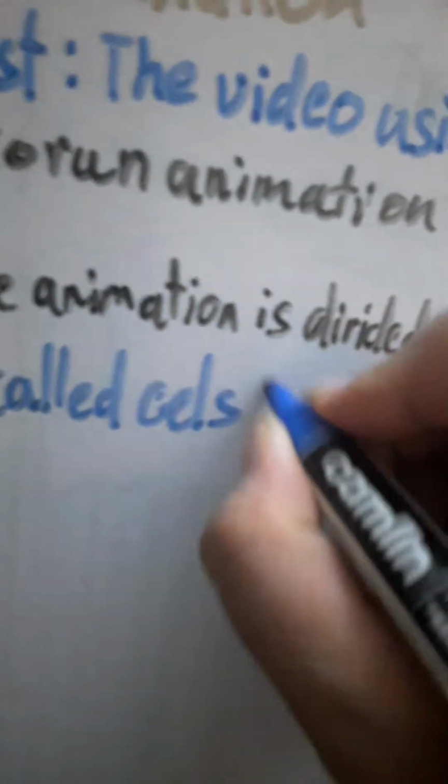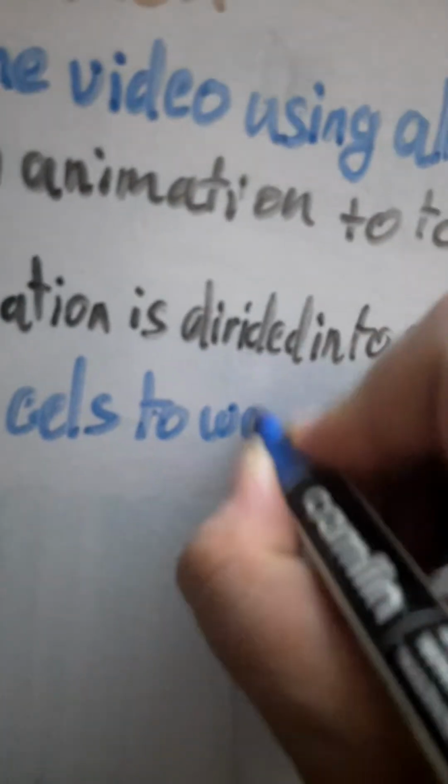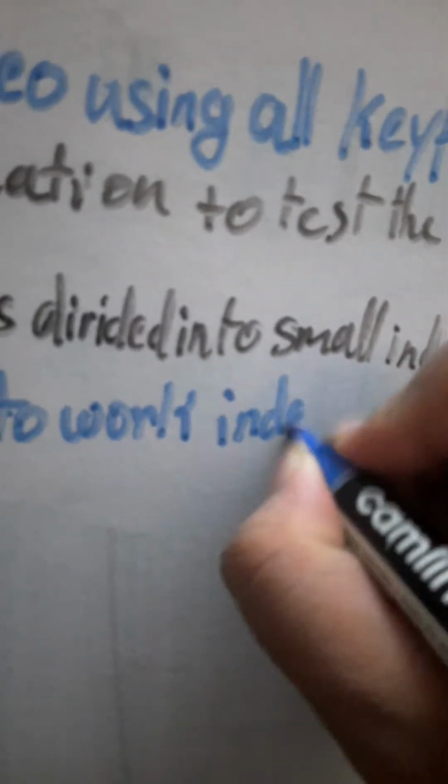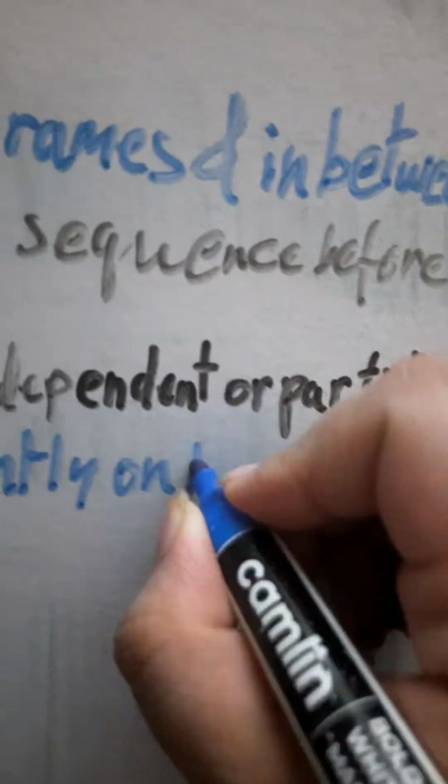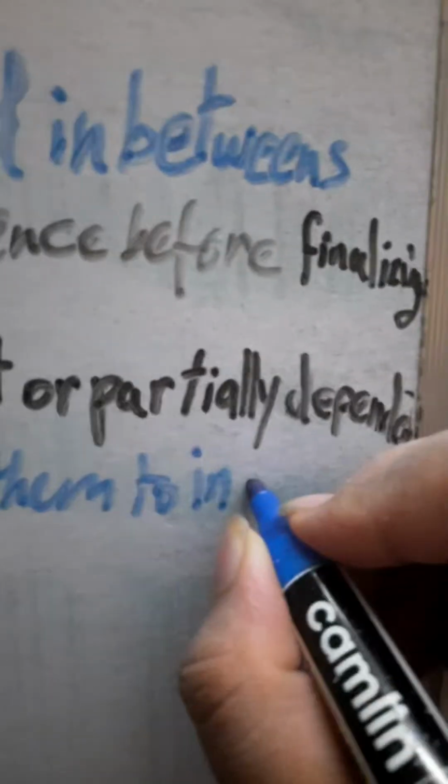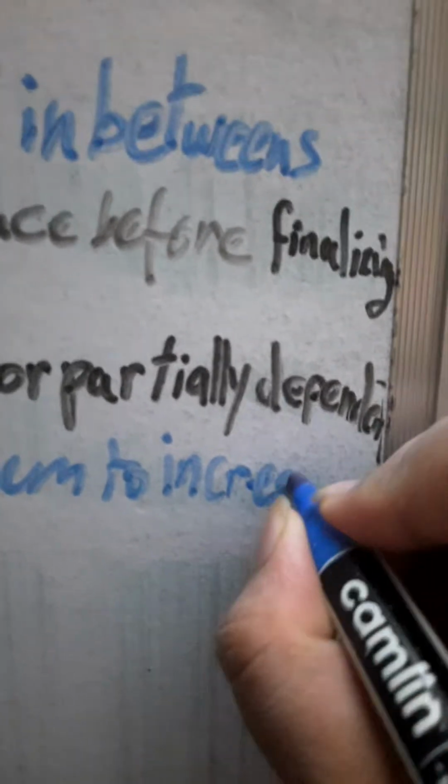Independent parts called cells, to work independently on them, to increase flexibility in the workflow.